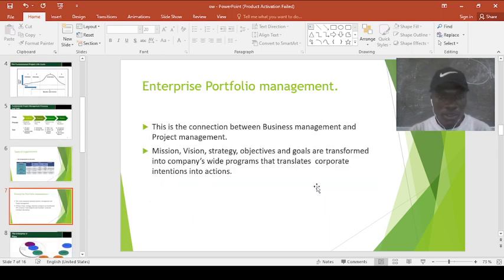Then you have enterprise portfolio management. This is the connection between business management and project management. Here, at the back of our minds, we know these statements: the mission, vision, strategy, objectives, and goals are transformed into company-wide programs that translate the corporate intention into action.